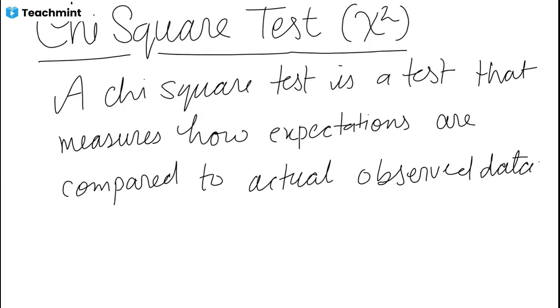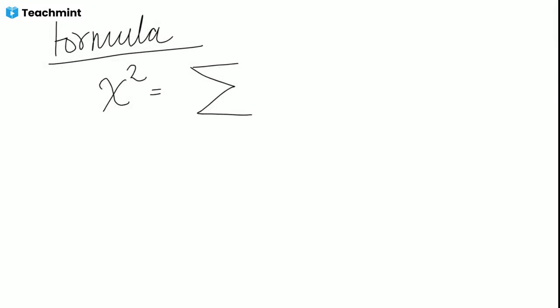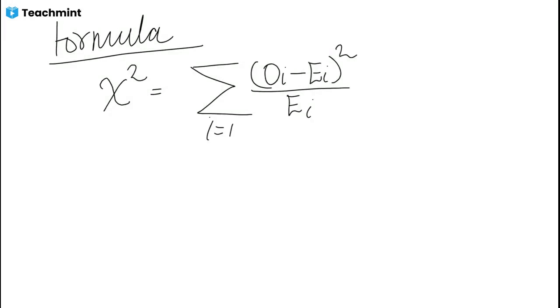So its formula is chi-square is equal to the summation of (OI minus EI) squared over EI, where i is equal to 1 up to n.